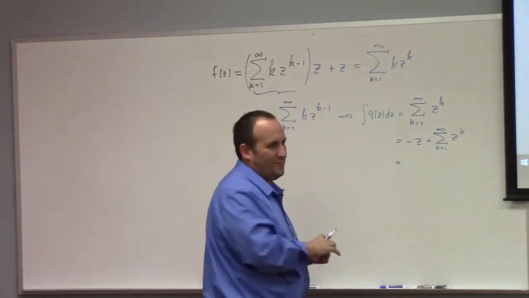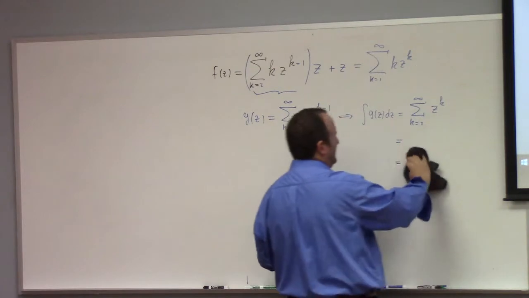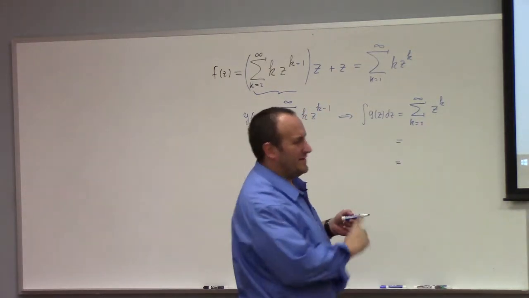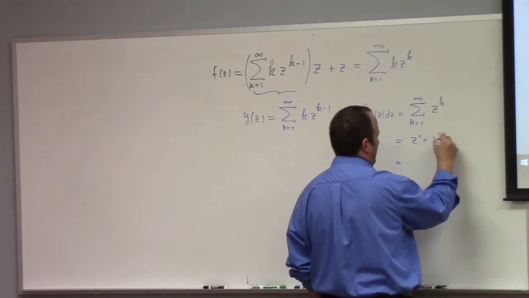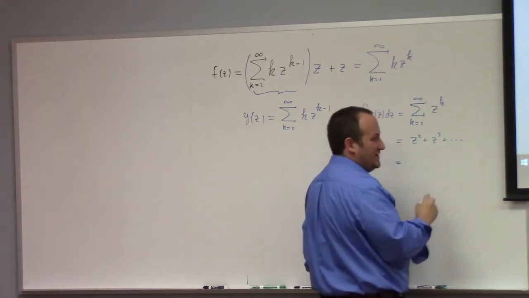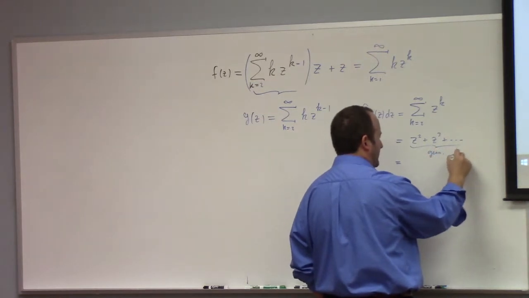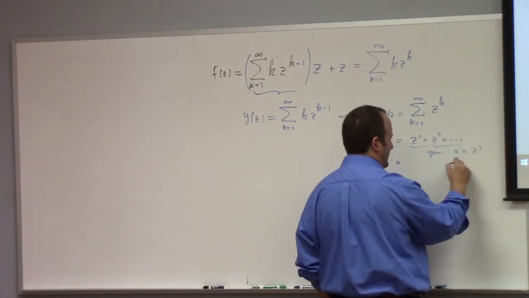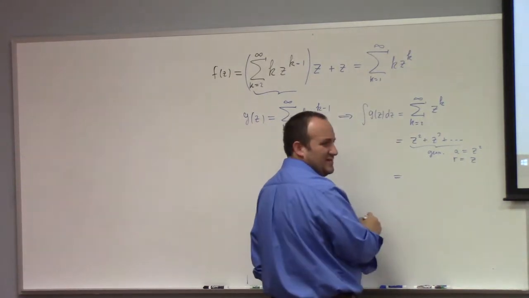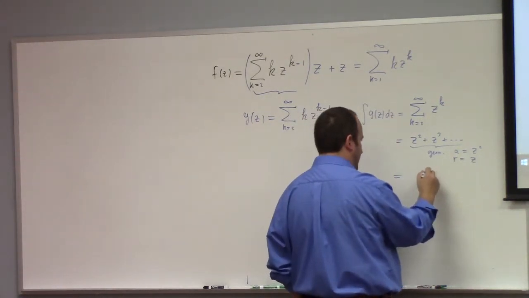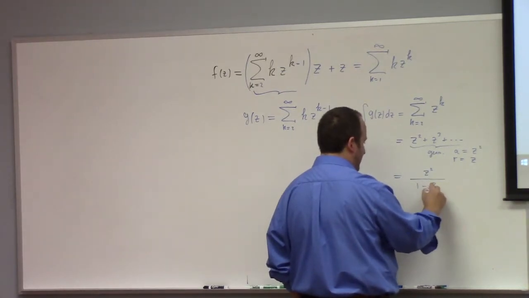I don't know why I'm doing that. I can just write it out. This is z squared plus z cubed plus and so on, so this is geometric with initial term z squared and a ratio of z. So that's z squared over 1 minus z.